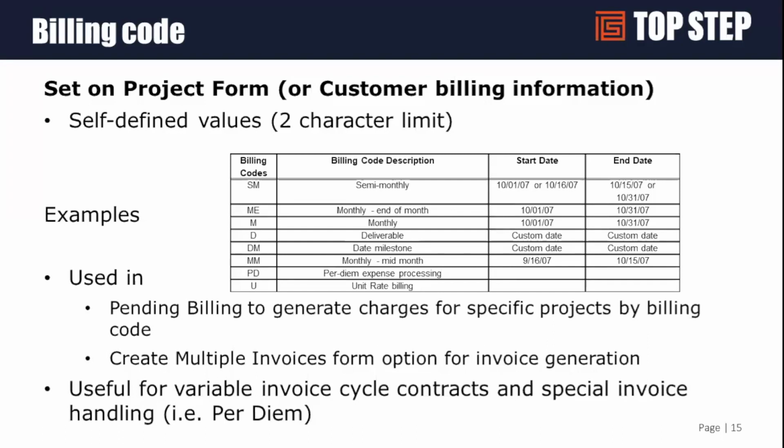Most customers hide it because they don't use it, they don't need to use it, or they don't know what it is, so they just clean up the form and hide it. But billing code is a way for you to tag a project.